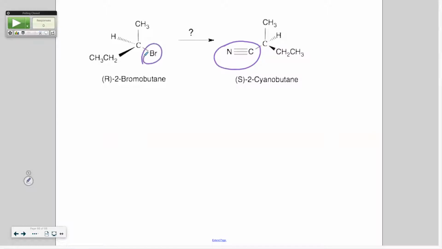So the first difference is the bromine is gone and the cyanide is there. So what should be your nucleophile? Cyanide. Let's make sense. Okay. What else?